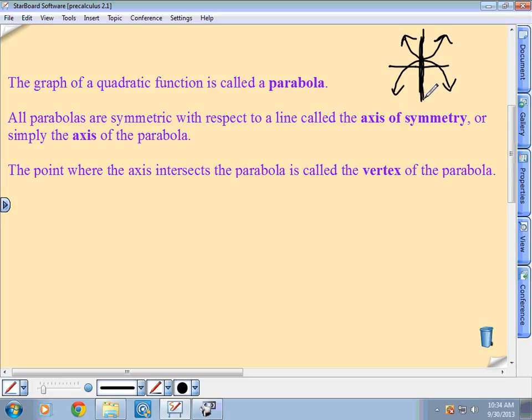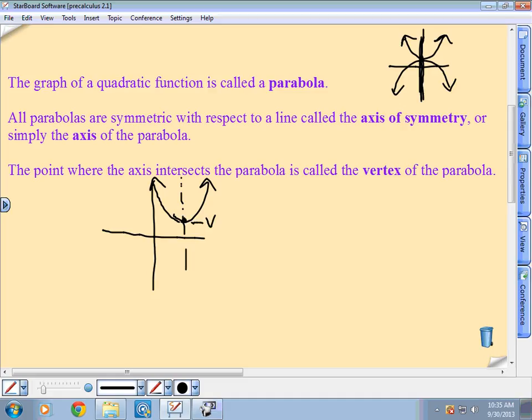So, for example, if I have a parabola that looks like this, let's see. Now my axis is down there. But all of the parabolas are going to have an axis of symmetry. Sometimes it'll be on the y-axis, but not always. Okay. The point at which the axis intersects the parabola is called the vertex.